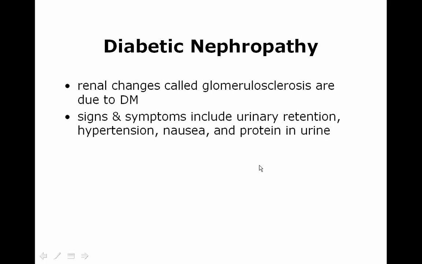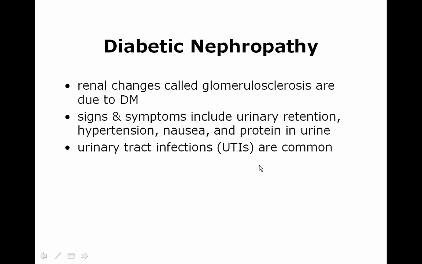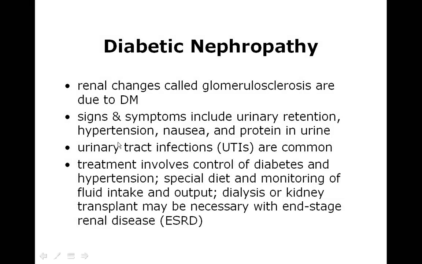You see the same type of signs and symptoms showing up over and over again when I describe the different types of chronic kidney disease. Urinary tract infections are very common in people who have diabetic nephropathy. Treatment is all about trying to control the diabetes, trying to control the hypertension, special diet. Dialysis may be necessary because it may very well progress to end-stage renal disease.